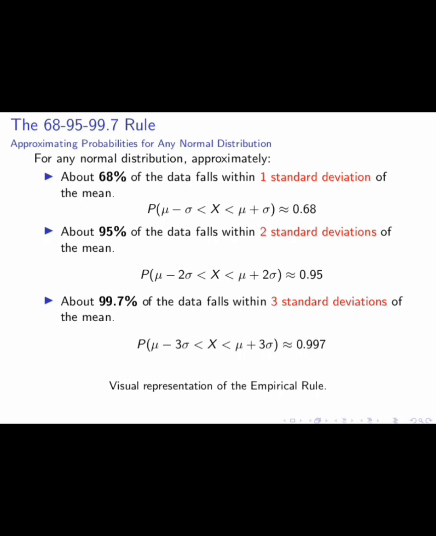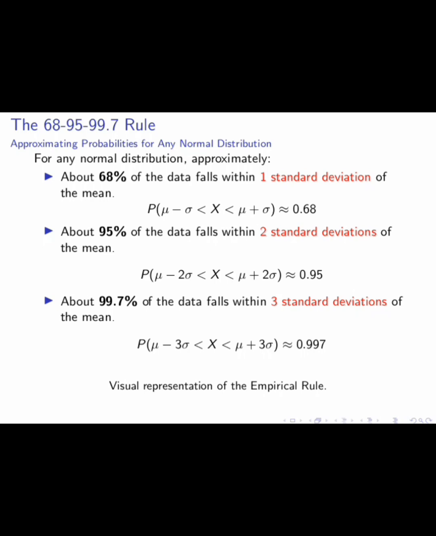Now the 68 means that we have one standard deviation away from the mean. That's the 68% rule. Then the 95% rule means that we have two standard deviations away from the mean, while the 99.7 means that you have three standard deviations away from the mean, and they have their respective values.